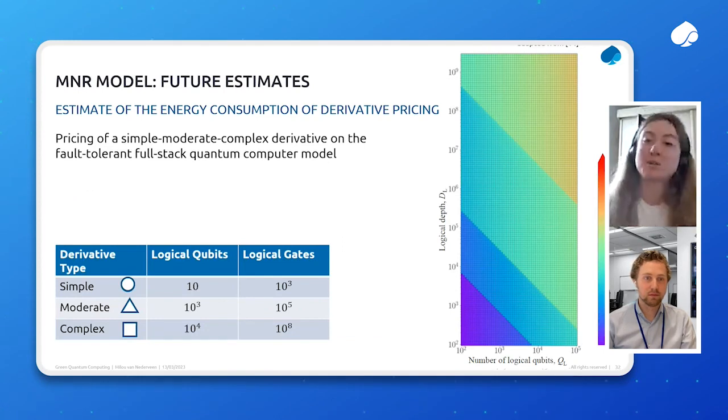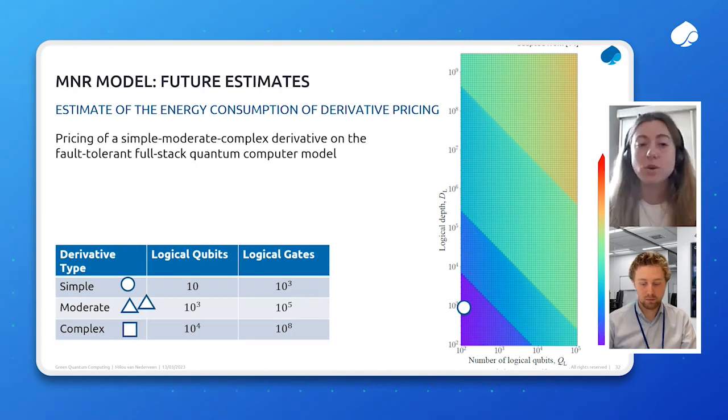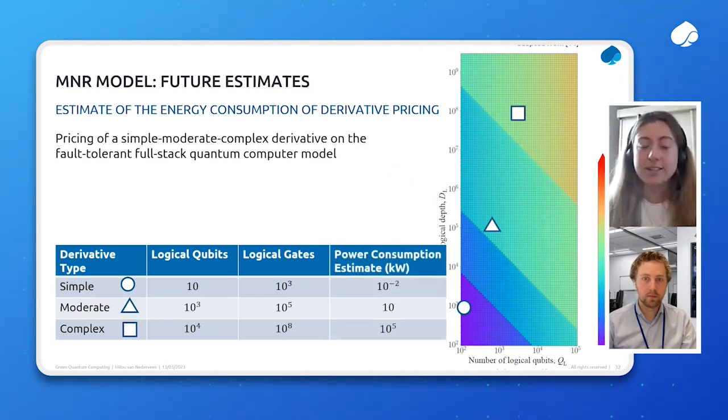However, we can use the model presented before to make some future estimates, which is what I've done here. Based on the complexity of our derivative, we can estimate the amount of logical qubits and logical gates required and make an estimate of the power consumption that this requires, which is shown here.